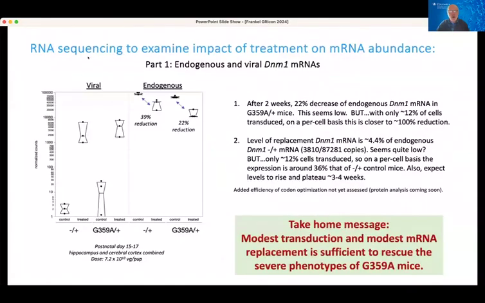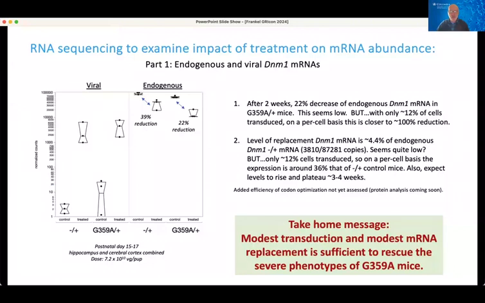Okay, so finally we use RNA sequencing for a couple of reasons. The first thing was we wanted to look at what was the level of the endogenous DNM1 RNA that we knocked down, and how much of the viral RNA we were getting in compared to what we would expect to see from the endogenous. And so this was a little surprising at first.